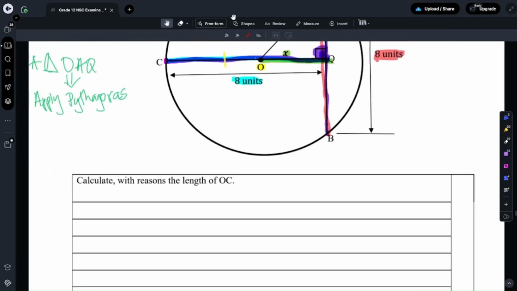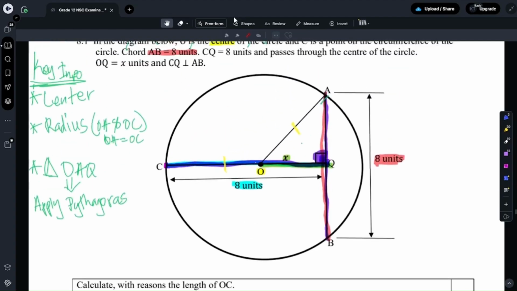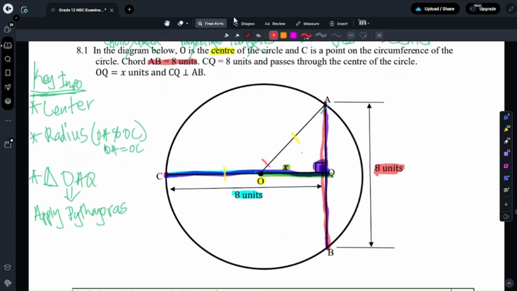So they say calculate with reasons the length of OC. So where is OC? OC is right here. So OC is what again? It's my radius. So they're basically telling me that I should calculate the length of a radius.